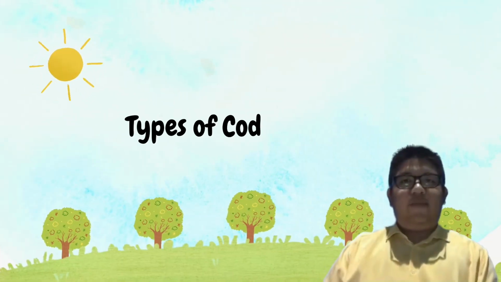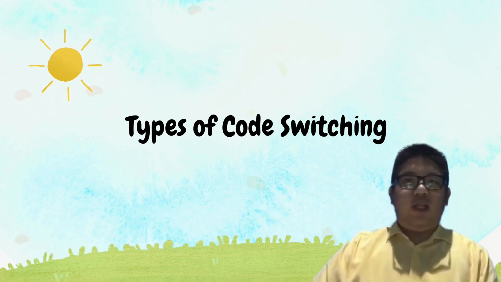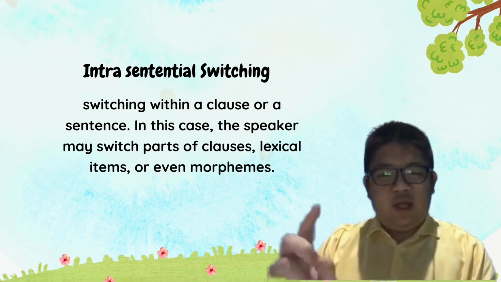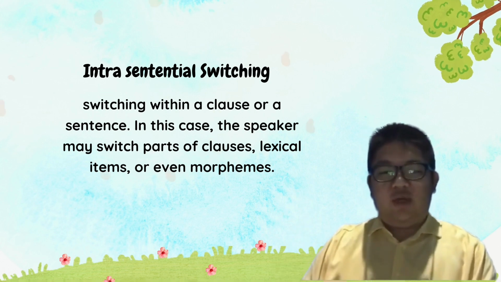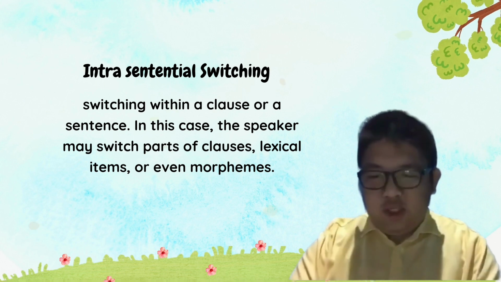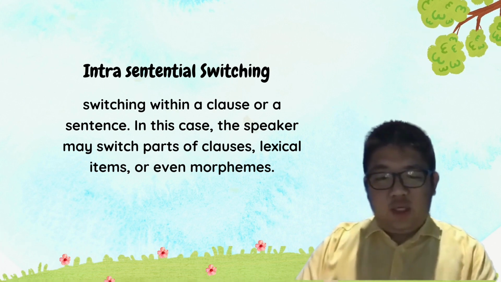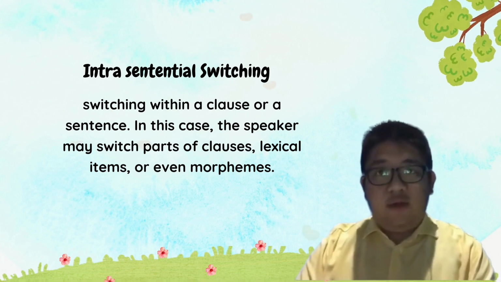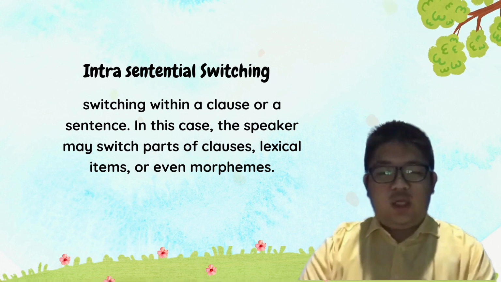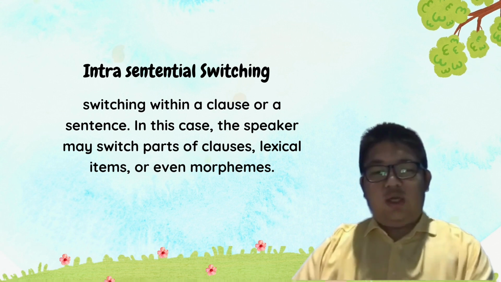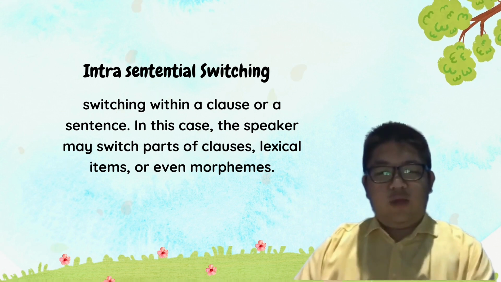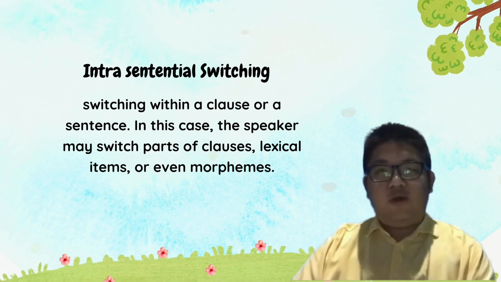Now, for the last topic about code switching, we're going to talk about the three types of code switching. For the first type, we have the intrasentential switching. Intrasentential switching is code switching that is within a clause or a sentence. Or in short, intrasentential is code switching in which switches occur inside a clause or sentence boundary.